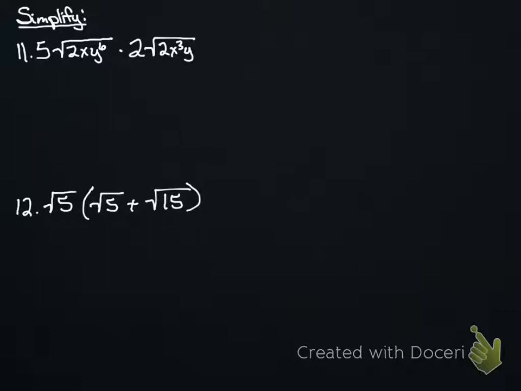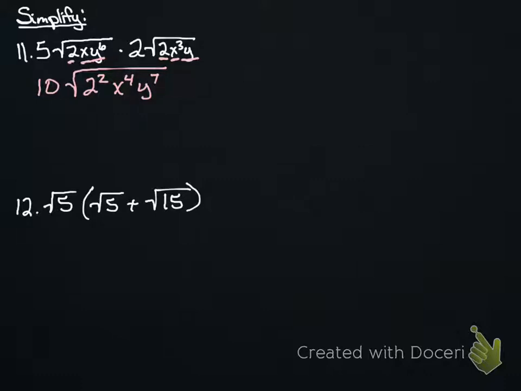So we have 5 times 2 is 10. And then we have the square root of 2 times 2 is 2 squared. x times x to the 3rd is x to the 4th. y to the 6th times y is y to the 7th.